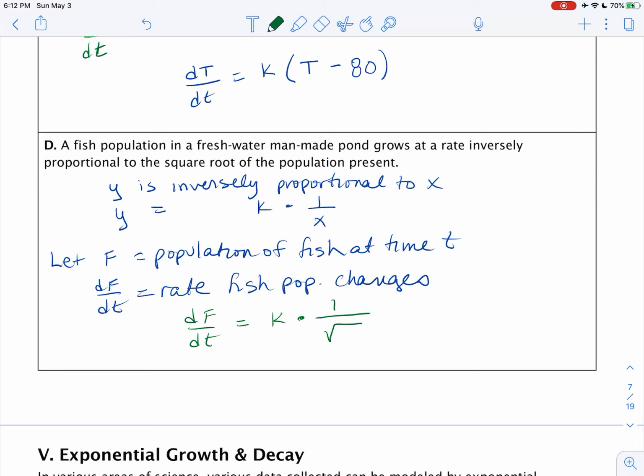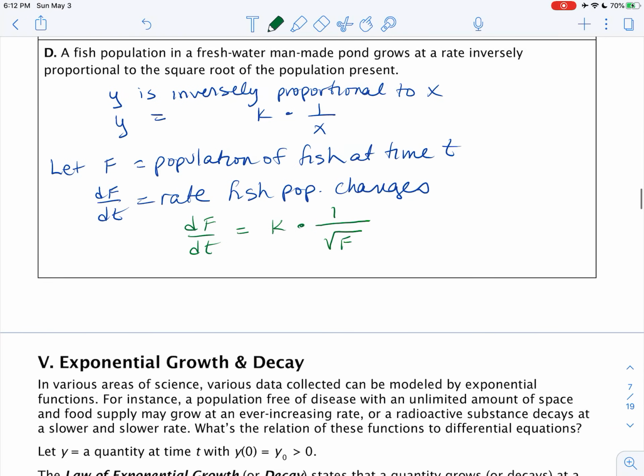The square root of the population present. Good. So you can translate that from its sentence to mathematical symbols.